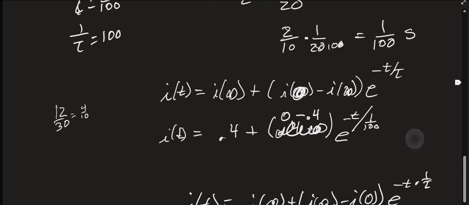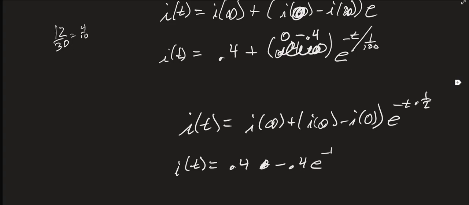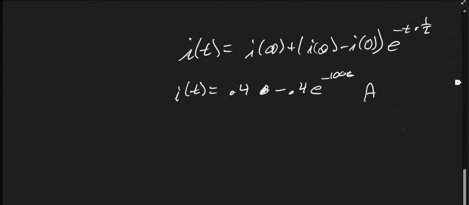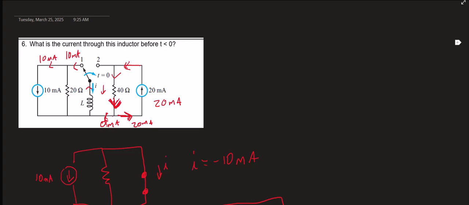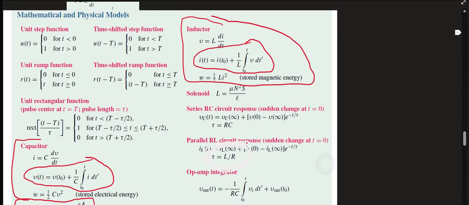Okay, so 1 over tau is 100, so then this becomes I of t equals 0.4 plus or minus 0.4 e to the negative 100t. And is it amps? Do we have any milliamps or anything? No, just amps. So V of t, V is L di dt.